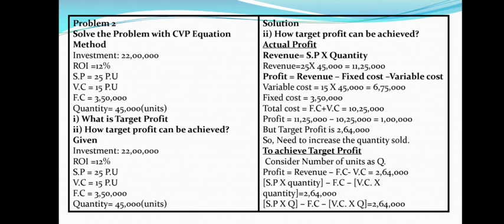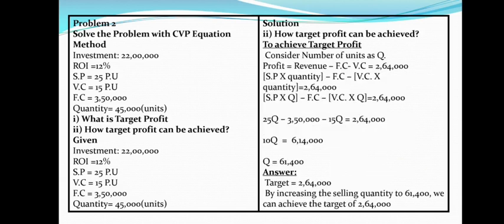Again, I am changing revenue to selling price into quantity, and variable cost to variable cost per unit into quantity, which is equal to the profit, the target profit of 2 lakhs and 64,000. I am equating it to the target profit. So now I am replacing the quantity by Q. Now I am applying the given data in this equation.